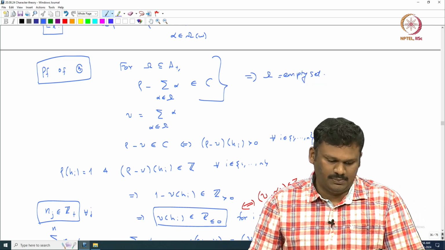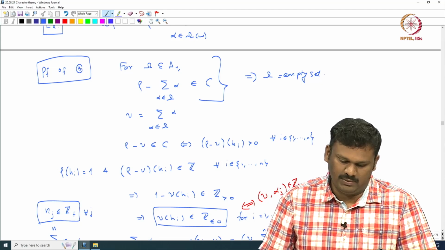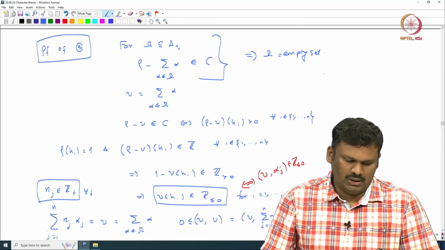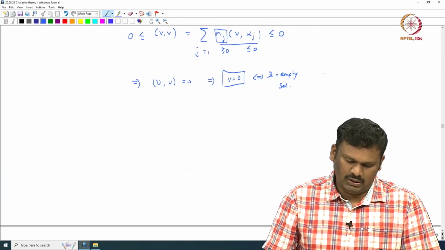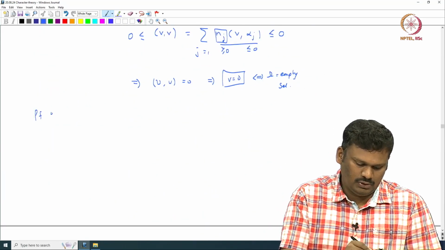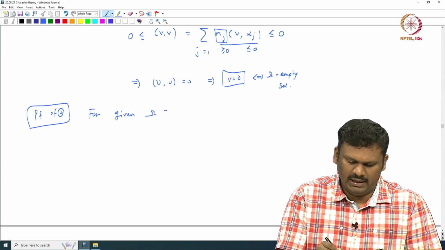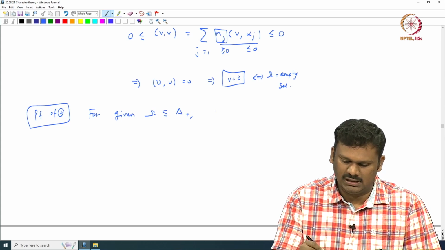So this is just a simple calculation that uses only information about the sum of alpha, alpha in omega. Now if we go back to the statement of 2, it says that for given omega in delta plus, we consider rho minus the sum of alpha, alpha in omega.